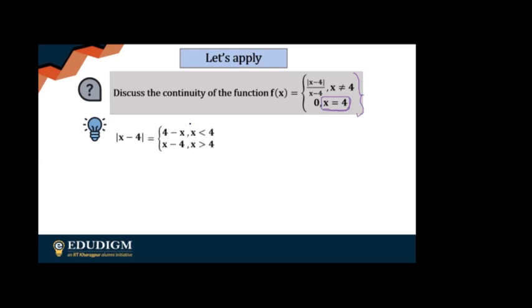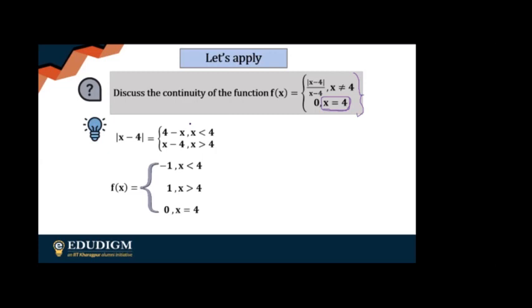So I'm just writing this so you understand what I'm talking about. If x is less than 4, x minus 4 is a negative number, so it comes out as positive, which is 4 minus x. And if x is more than 4, it's just kept as it was. So we redefine the function. Very, very simple.